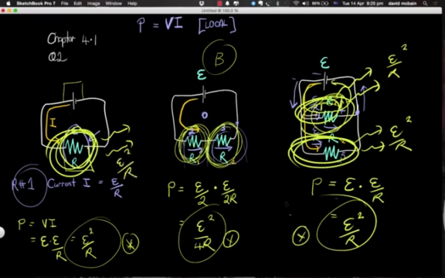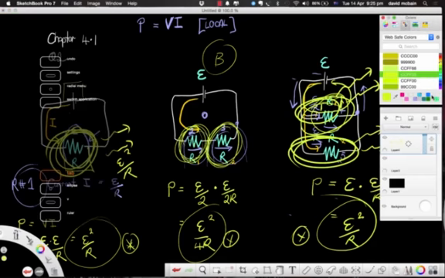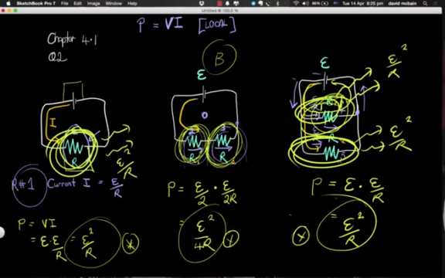On the other hand, these resistors are each dissipating electrical potential energy, or converting it into heat and light, at a rate of E squared over 4R joules per second, or watts.